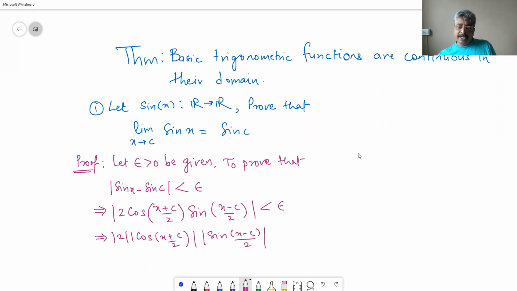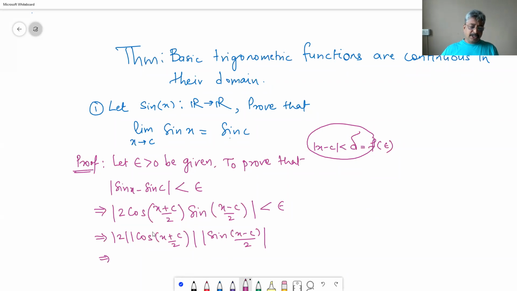And now what is our delta? It is that |x minus c| should be less than delta. That is the algebraic quantity that we are looking for, and this delta should be expressed as a function of epsilon. That is the relation we are trying to find: if epsilon is given, what value of delta should we take? That is what we are searching for.